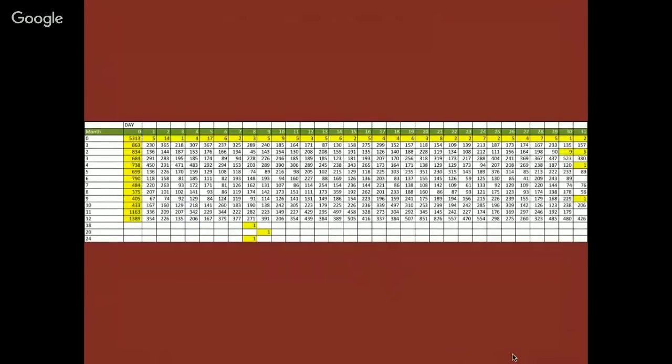Then I did something just for fun. I made a table of the month versus the day. And so here are those 3 high-value months. So we can kind of ignore those.